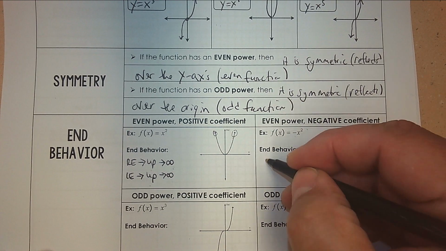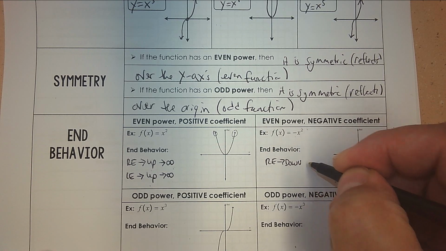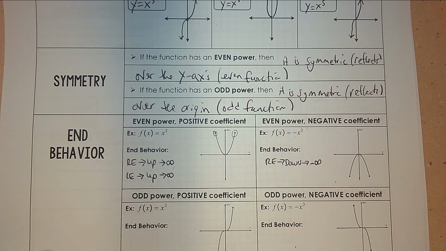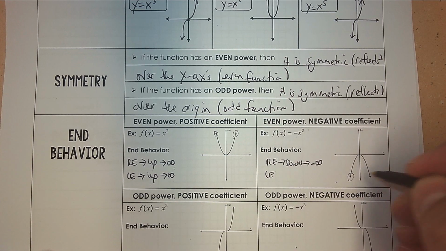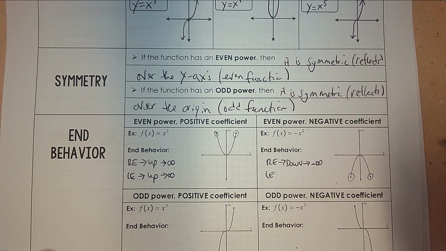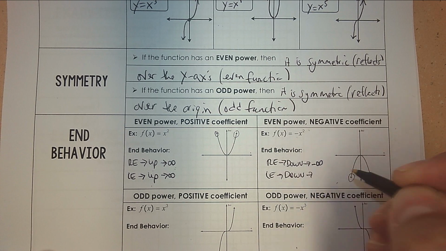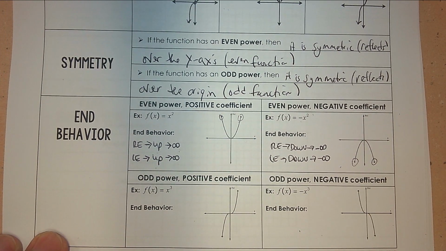This time, if you look at the picture, the right end is not going up, but going down. And in math, if it goes down forever, it goes to negative infinity. The left end is doing the same thing. So both ends are going down, and in math that means they're approaching negative infinity.